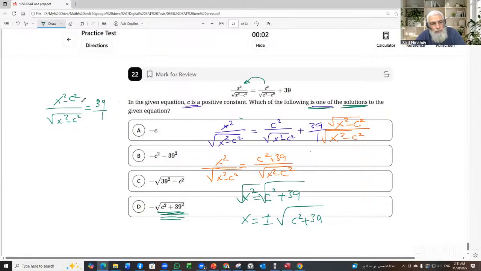And maybe we can cross multiply. Positive constant. Maybe this is the closest solution. Number D is the closest solution.